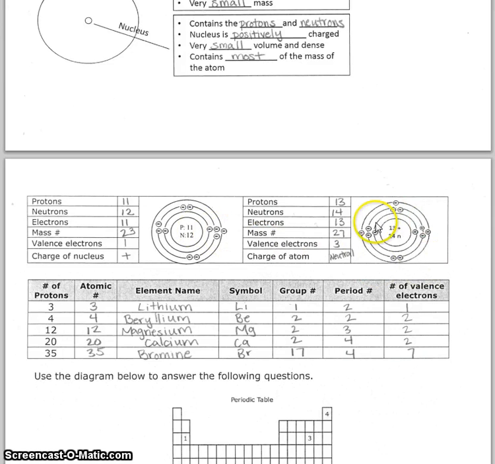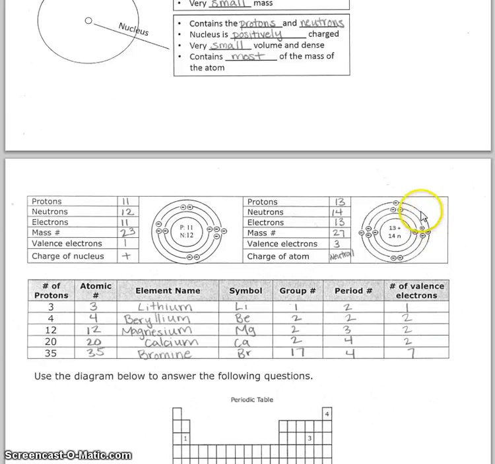Now this model over here has 13 plus charge in the nucleus, so you know there are 13 protons. There are 14 neutral neutrons. Counting the electrons, there should be 13, so that our atom is neutral. Not all atoms are neutral. There are some atoms that have a different number of protons and electrons, but we will not be studying those ions in 8th grade. You'll study ions in chemistry.